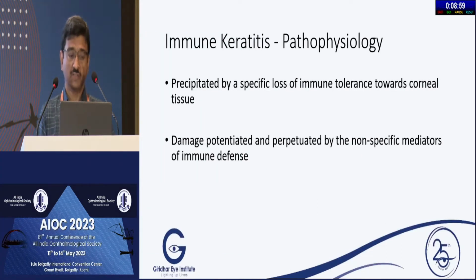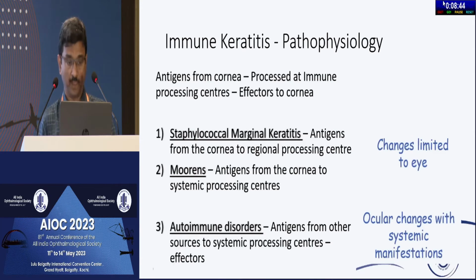Now, pathophysiology: there is a specific loss of what is supposed to be immune tolerance towards the corneal tissues and antigen, and damage is potentiated and perpetuated by non-specific mediators of immune defense. So the antigens from the cornea get processed at immune processing centers, and the effectors migrate to the cornea, resulting in all the bad effects.